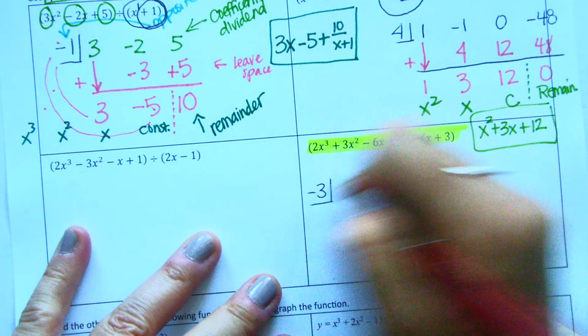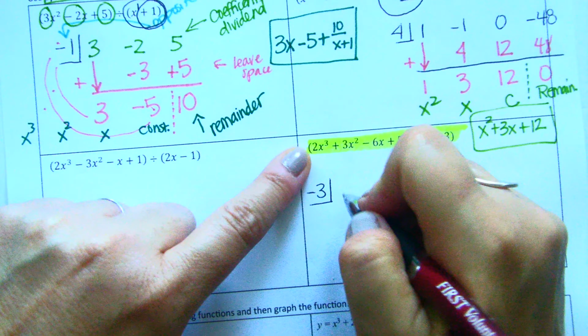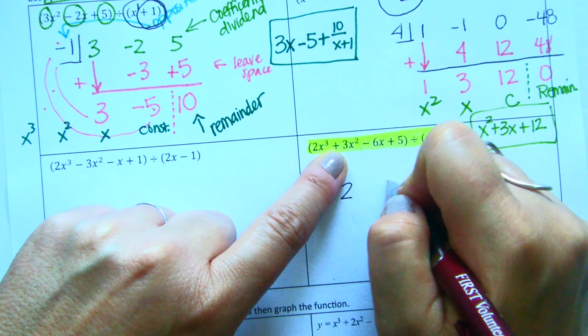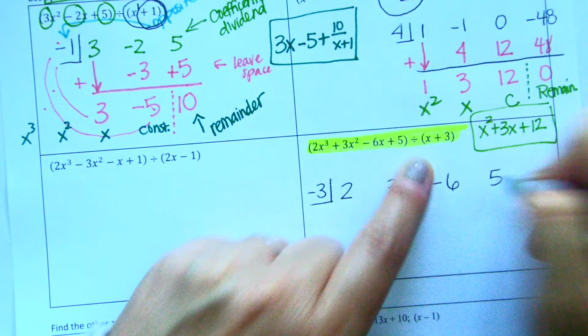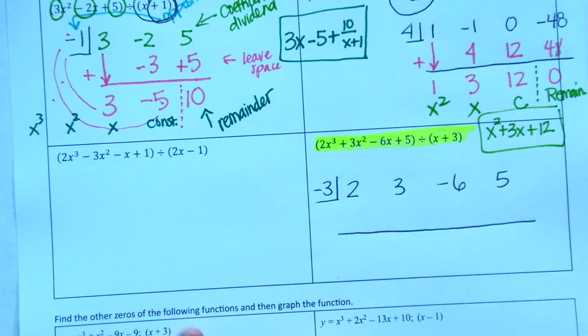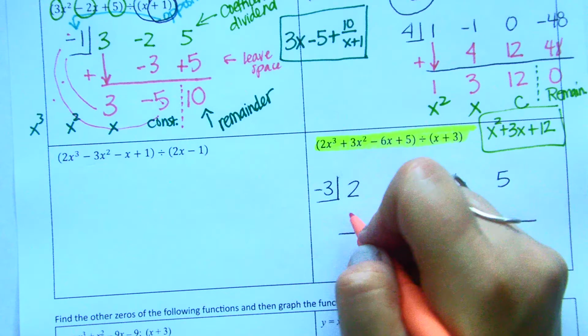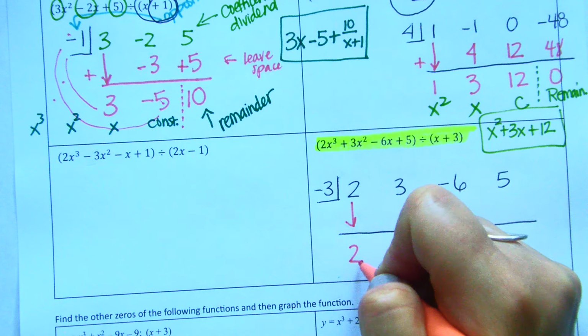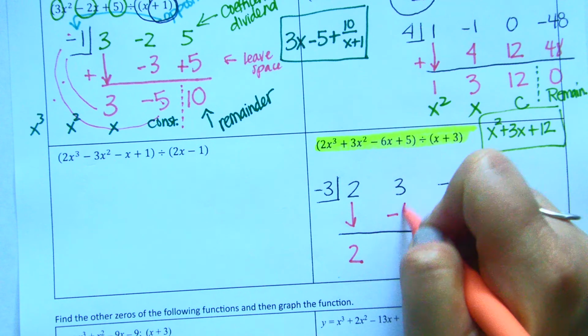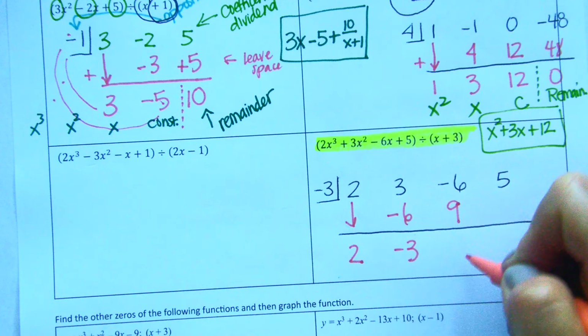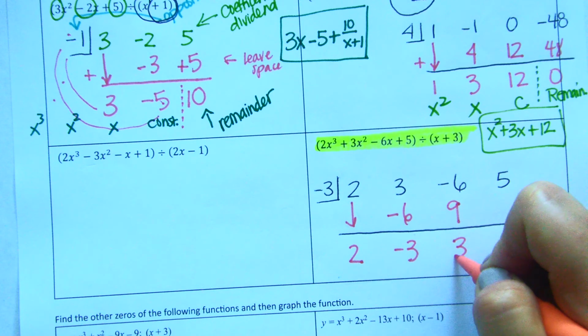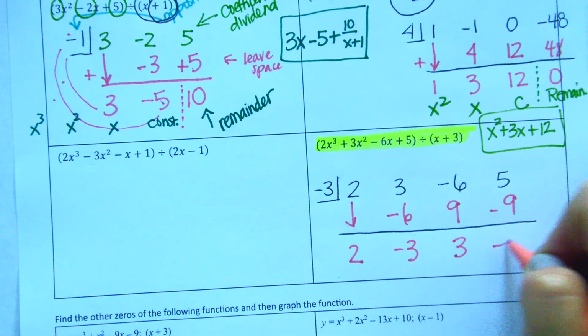I'm going to do the opposite of this guy, and I'm going to put my coefficients. A 2, a 3, a -6, and a 5. There's nothing missing. Okay. So I'm going to bring this down, which is a 2. 2 times -3 is a -6. Add, and then multiply, and then add, and then multiply, and add.